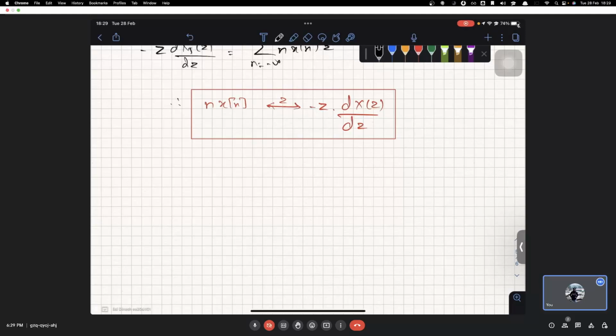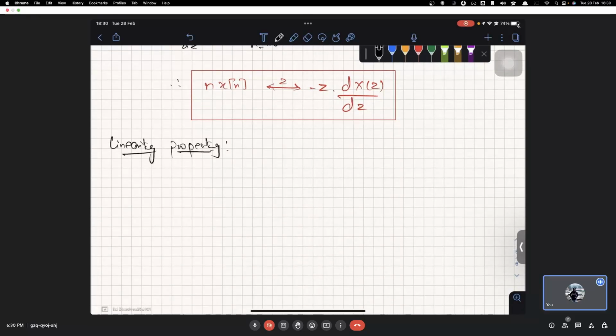Alright, so these are the properties that we come across. And then there is one more property called the linearity property that I didn't discuss here. So there is only one property that is left, which is the linearity property.